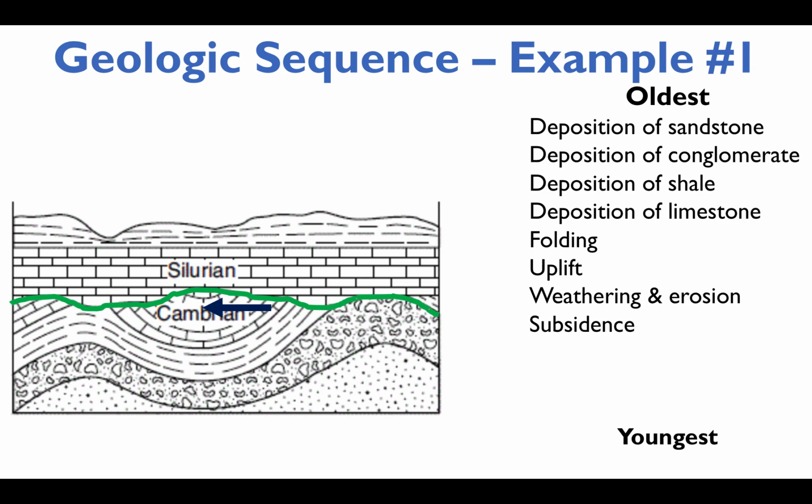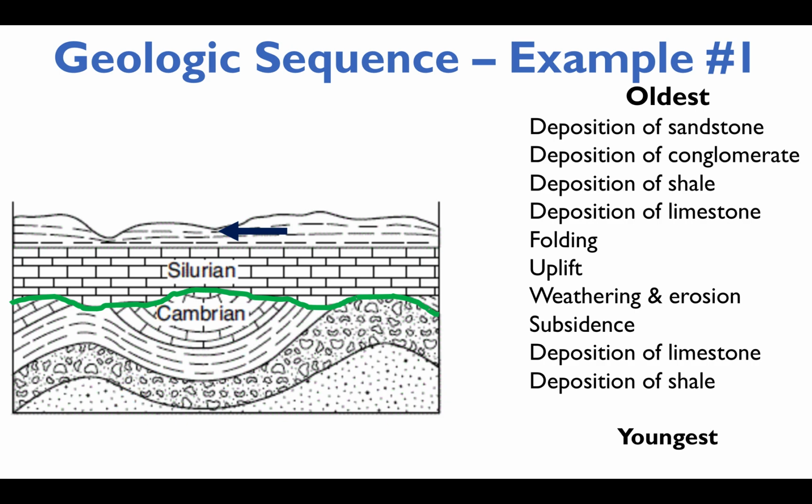Subsidence means the same thing. You have to go below the water because after these rocks were uplifted, in order to get new rock layers to deposit, remember, you need to be below sea level. So subsidence takes the rock layers, puts them back below sea level, and then you get the deposition of limestone, and then the deposition of shale.